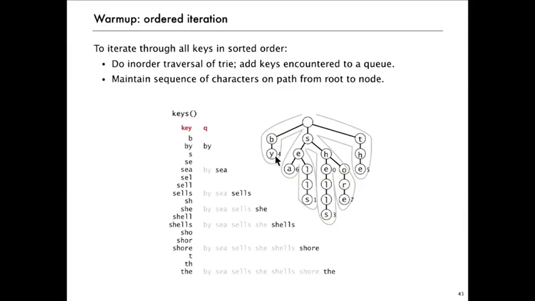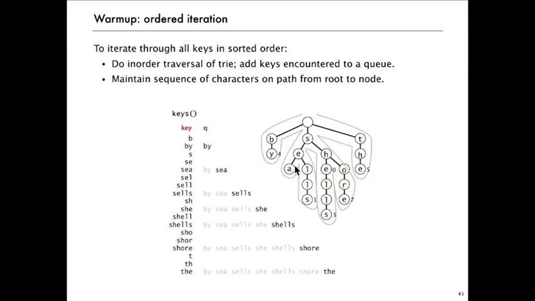And when we encounter values, then we can put out the characters that we have, and that's a way to pull out all the keys in the trie. So for example, in this case, we go down and we have B, and then we hit the Y, so we can output, say onto a queue, we can output by. And then we go back and we have S, E, and A, and we find a value, so we can go ahead and put out the A.